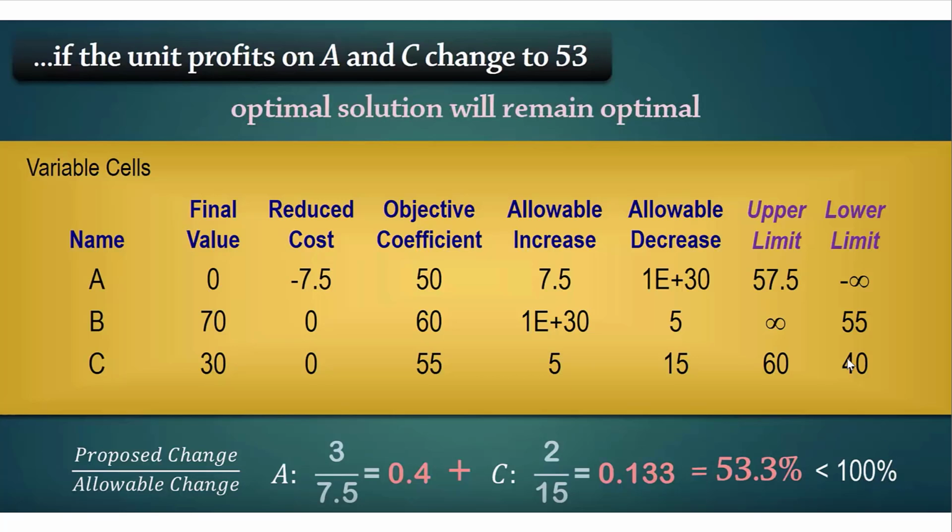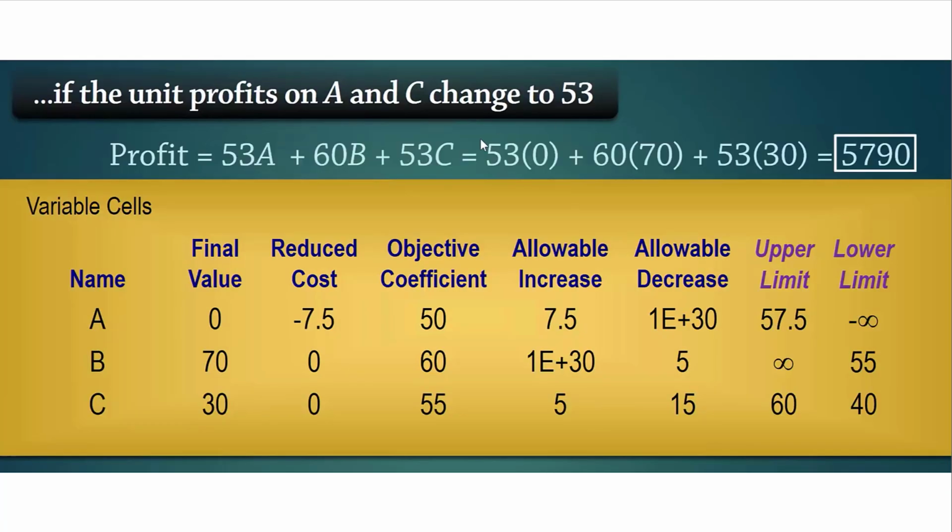So 53.3% is less than 100%. So the optimal solution will remain optimal if the unit profits on A and C change to 53. But if this percent is greater than 100, the optimal solution will change. We can also prove the solution by substituting in the objective function: 53A plus 60B plus 53C equals 53 multiplied by 0 plus 60 multiplied by 70 plus 53 multiplied by 30.